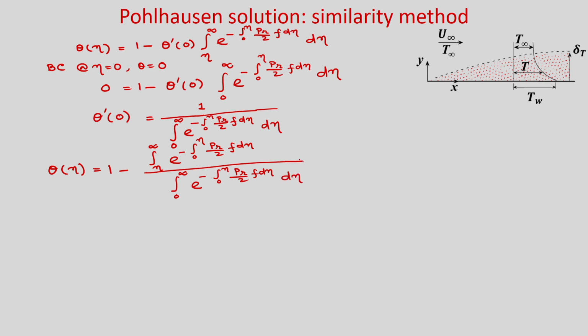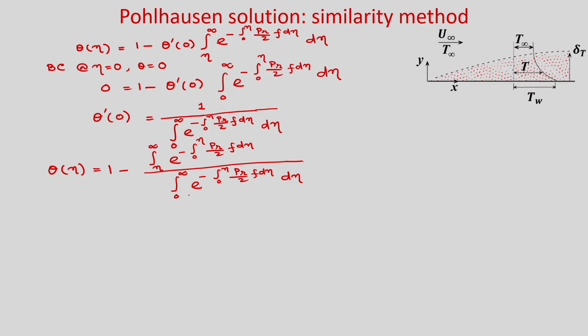Okay. So, this is the temperature distribution. So, if you know the function f, then you will be able to integrate and you will be able to find the temperature distribution using some numerical technique. You can solve this equation.